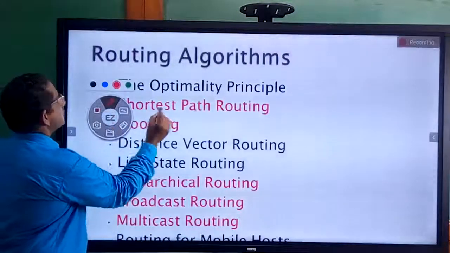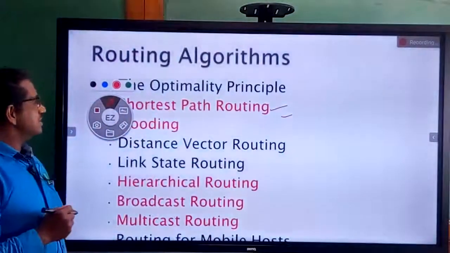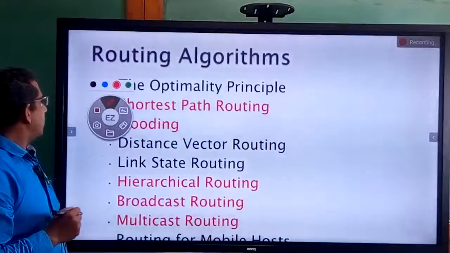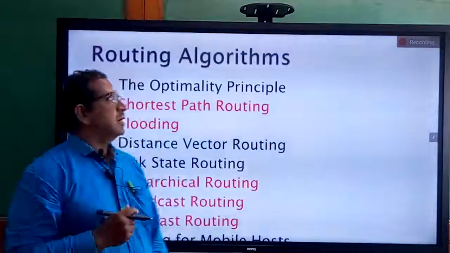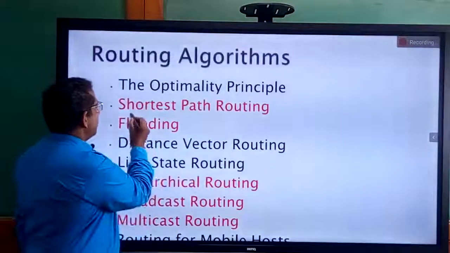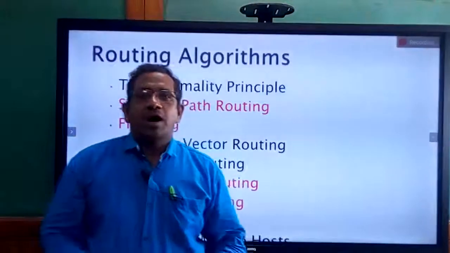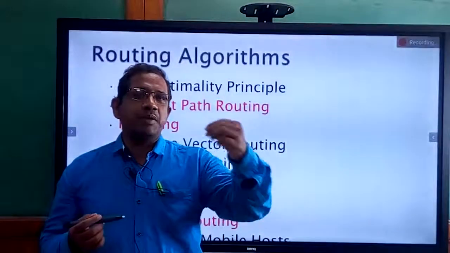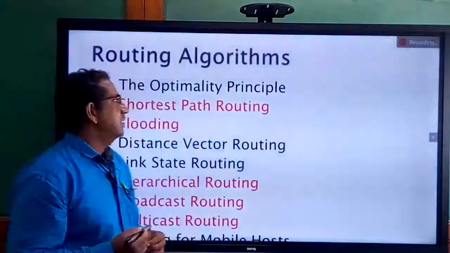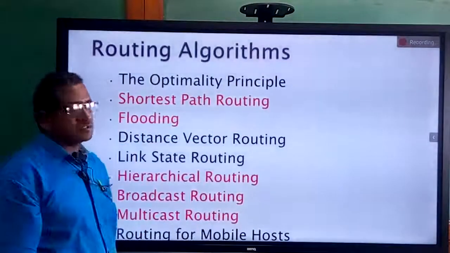In this method, we discuss how a route is going to get decided. As the name indicates, shortest path routing means how the router finds out the shortest path to a destination computer.